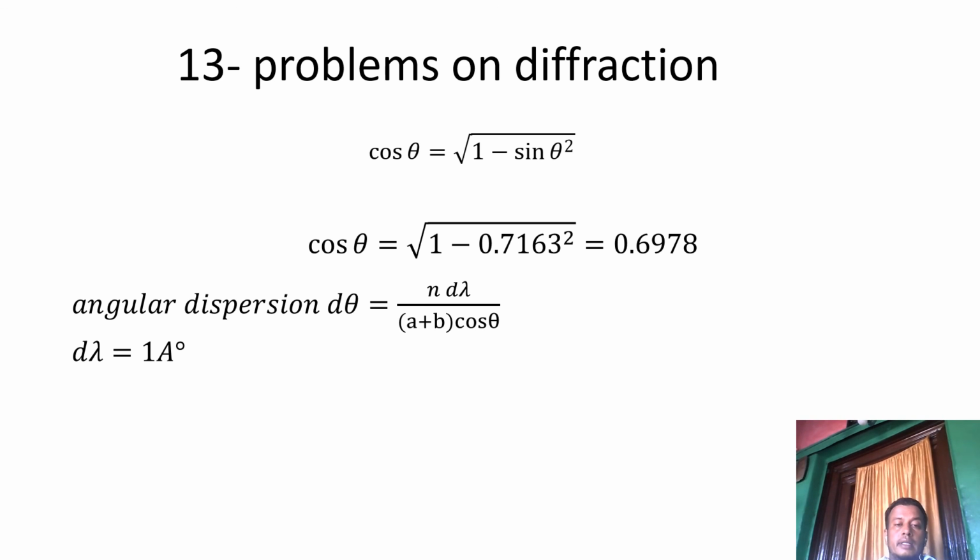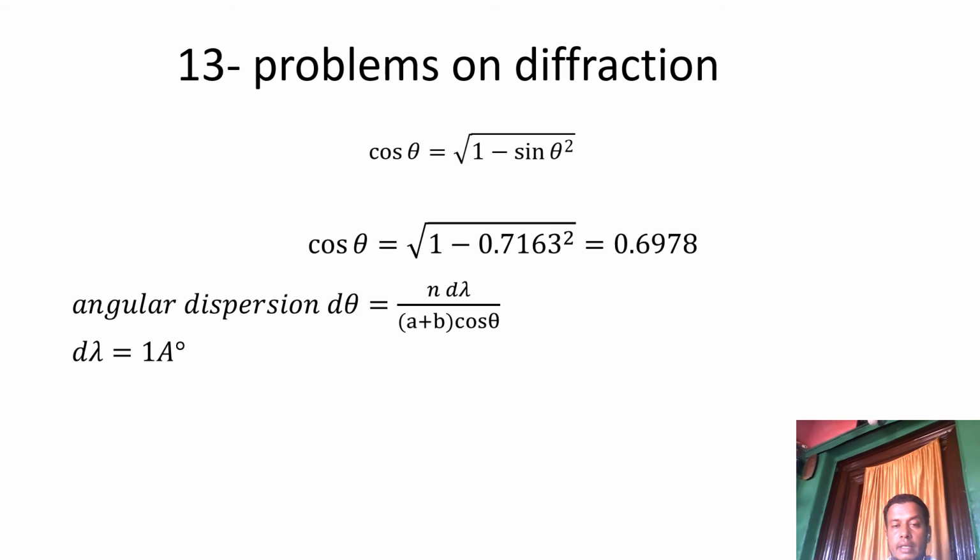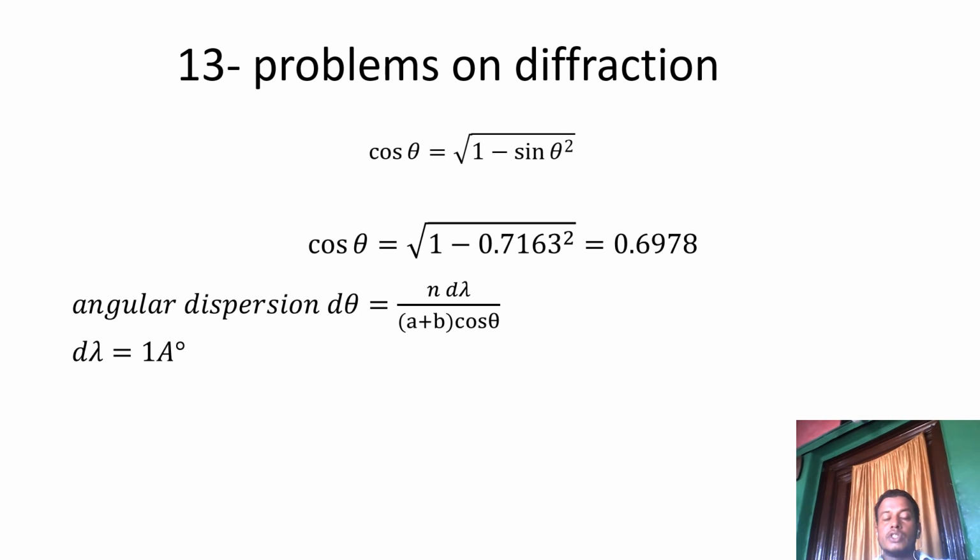The angular dispersion can be calculated. d theta by d lambda is equal to n by a plus b cos theta. n is the order of 3, and d lambda is 1 angstrom for the change in the wavelength.